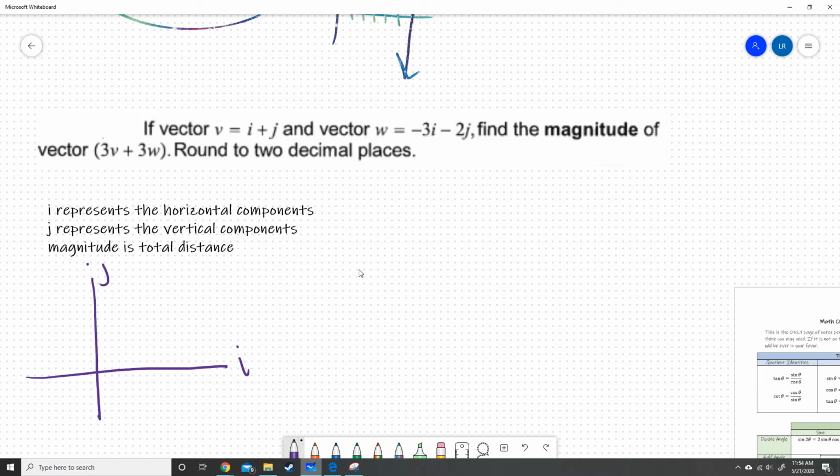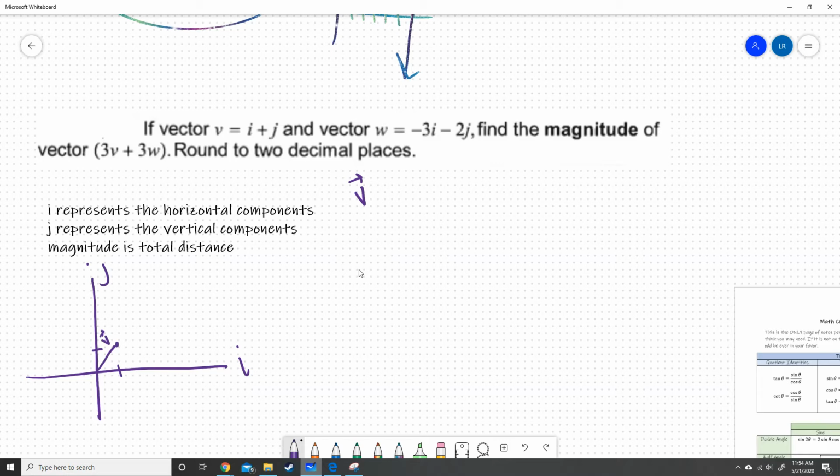These are all vectors, and so V is really written like that. It's a vector. So the vector V is I plus J, meaning that we're going to go one in the I direction, and then one. That would be our vector V. Our vector V is one in the horizontal direction, one in the vertical direction. And then there is our magnitude.